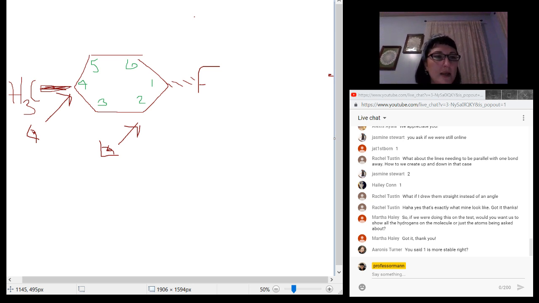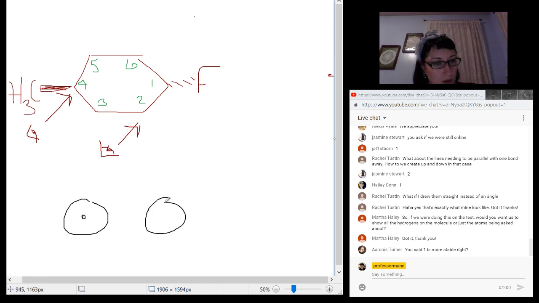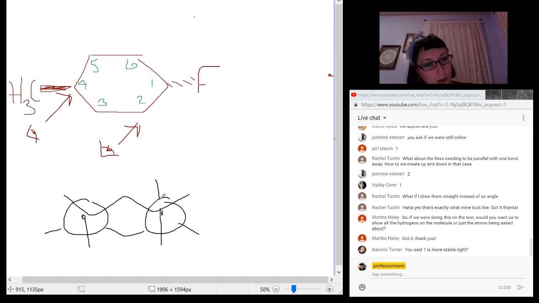So if I said, hey, draw a Newman projection of this. Remember, Newman projections are kind of like chair projections. You can show either flip. Okay, you can show either conformation. So the easiest way to go about doing that is to draw just some basic outlines of what 2 chair conformations look like.